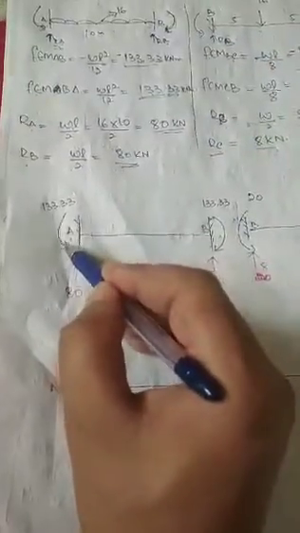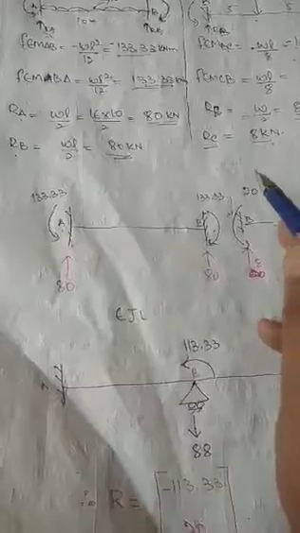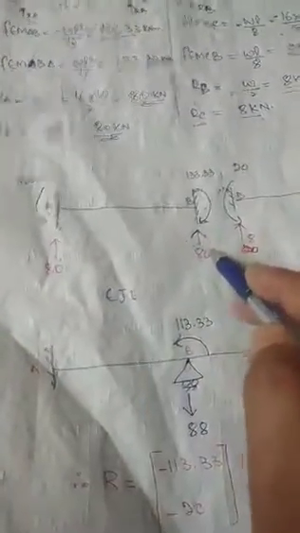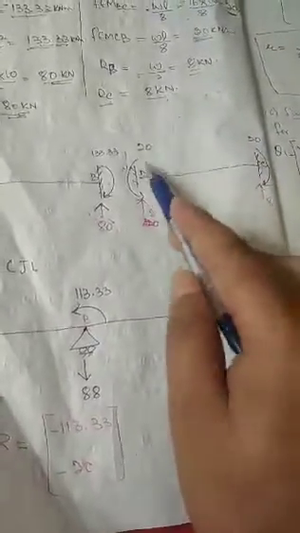So here we assign this, and here also 133.33. And also reactions RB and RA, we calculated 80 and 80. So assign this 80 and 80. For the second beam we calculated 20, here also 20, 20 and 20.